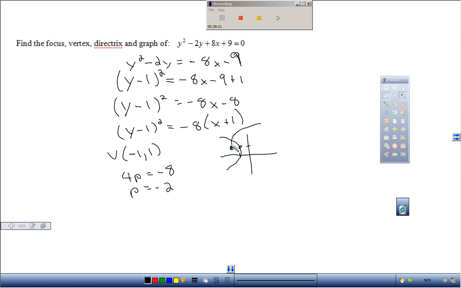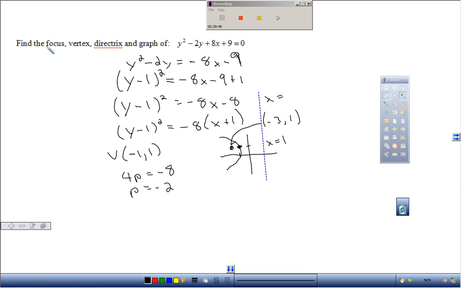So the focus is over here at negative 3, comma 1, and the directrix is 2 units away from there, which puts you over here at, guess, x equals, since this is negative 1, 1, I need to go 2 units from negative 1, so this is going to be x equals 1.